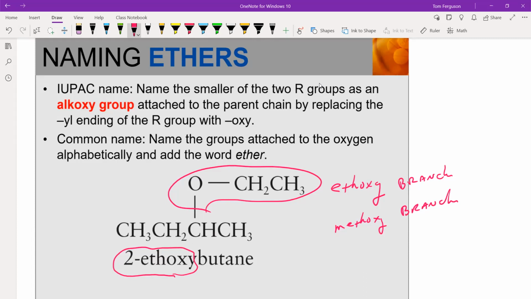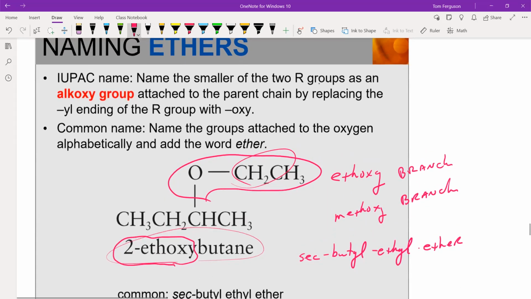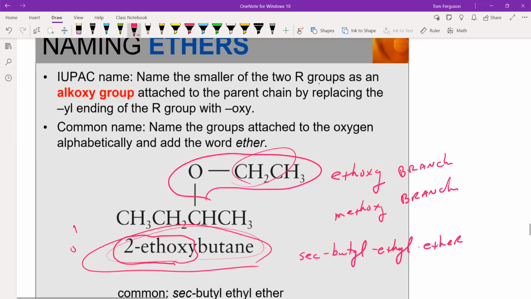The other way to name it would be a sec-butyl. That would be the sec-butyl there. This would be the ethyl ether. This is the official way to do it, though, this one here. Most people name it this way.